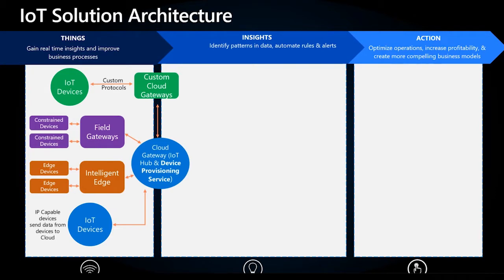For things, we have all of these different ways to connect an IoT device or gateway to IoT Hub. But there's also a service called Device Provisioning Service that is a helper service to help you register and connect large sets of devices. We really recommend using this helper service. It helps you assign and register those devices to specific Azure IoT Hub endpoints at scale.